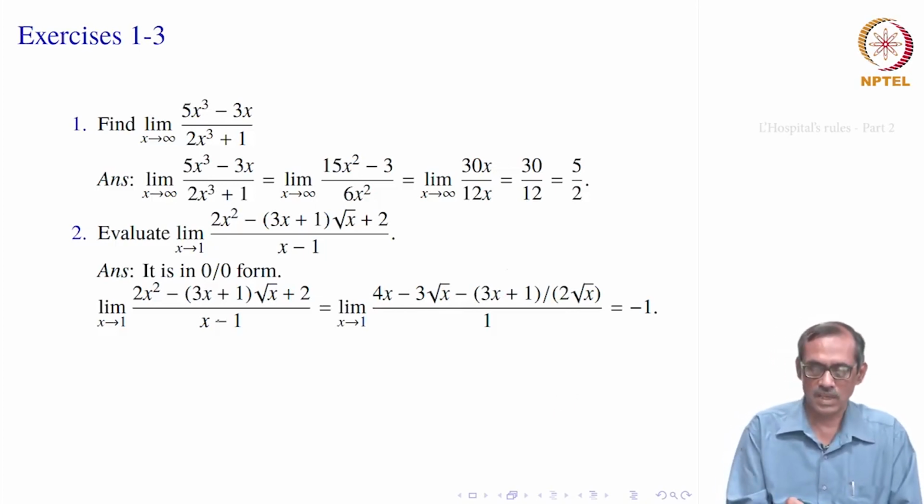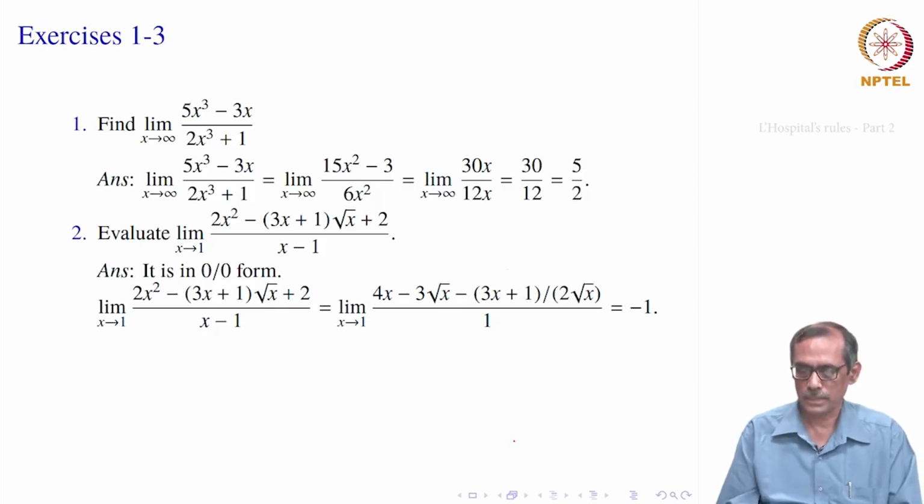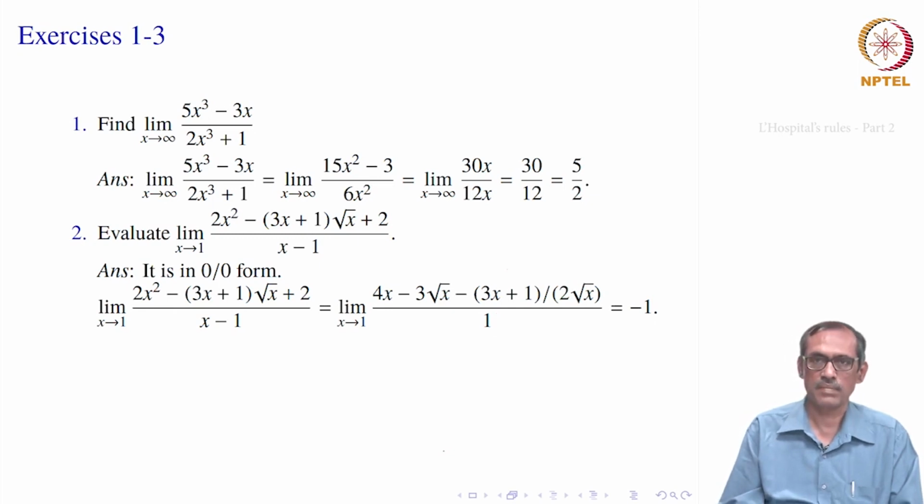So, the numerator is this and the denominator becomes x minus 1 gives 1. Okay. So, as x goes to 1, the denominator is no more 0 now, but it can be evaluated directly, right, by substituting x equal to 1. So, in that case you get 4 minus 3 which is 1 minus it is 4 divided by 2 minus 2. So, that gives you minus 1. That is the answer.